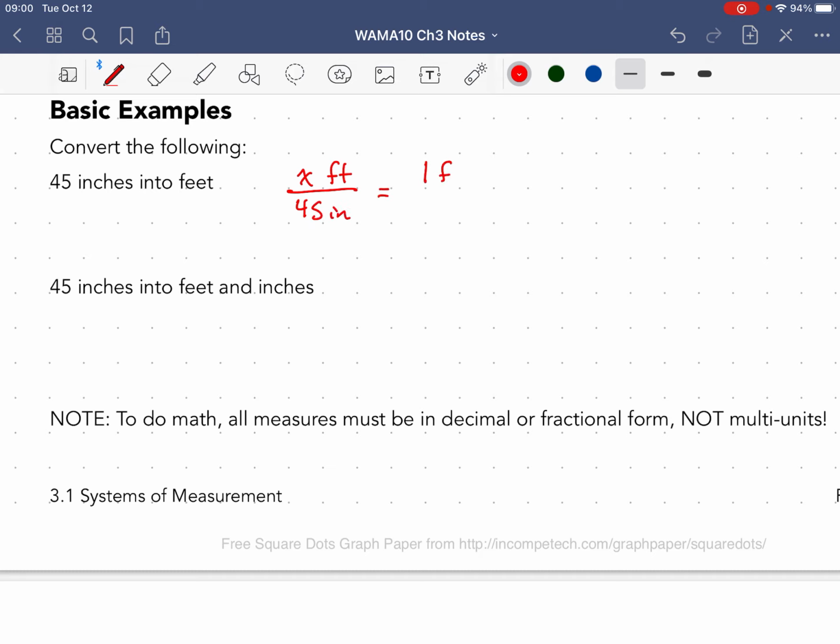If 1 foot has 12 inches. So I write that down. How many feet in 45 inches if 1 foot has 12 inches? Then I can do my cross multiplying. 45 times 1 divided by 12. So you get 45 times 1 is 45 divided by 12 is equal to 3.75.